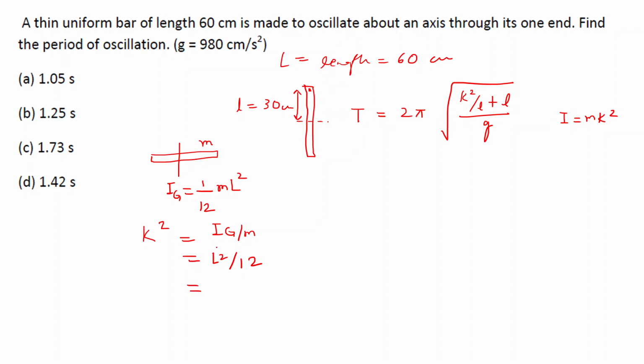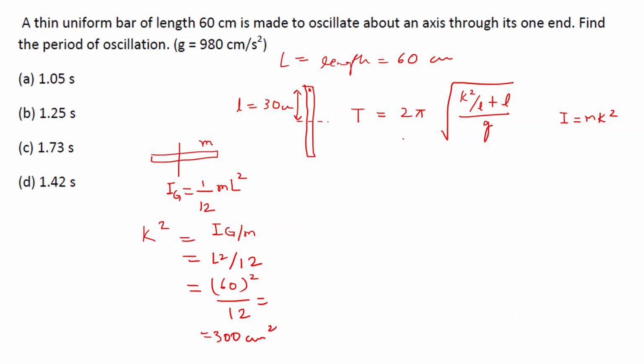L is 60, so 60 square divided by 12, let me use my calculator, 60 times 60 divided by 12, this will be 300. The radius of gyration value k square will be 300 centimeter square because the length is in centimeter.